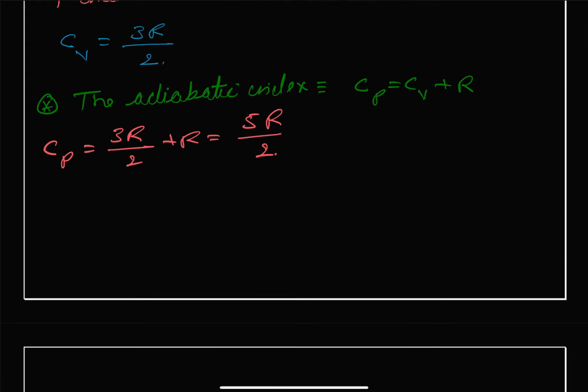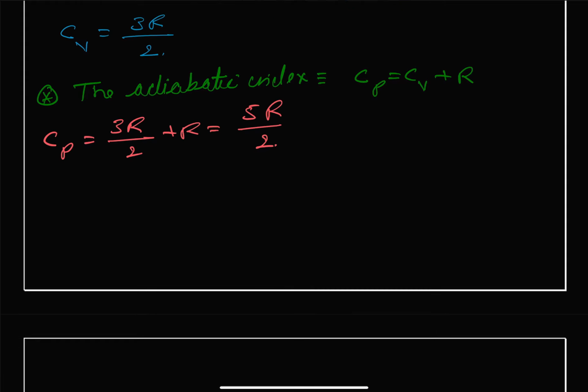And we know that our adiabatic index, which is represented as gamma, is the ratio of Cp by Cv. We substitute, getting 5R by 2 over 3R by 2. Here R by 2 and R by 2 cancel out, and we get 5 by 3, which is approximately equal to 1.667.